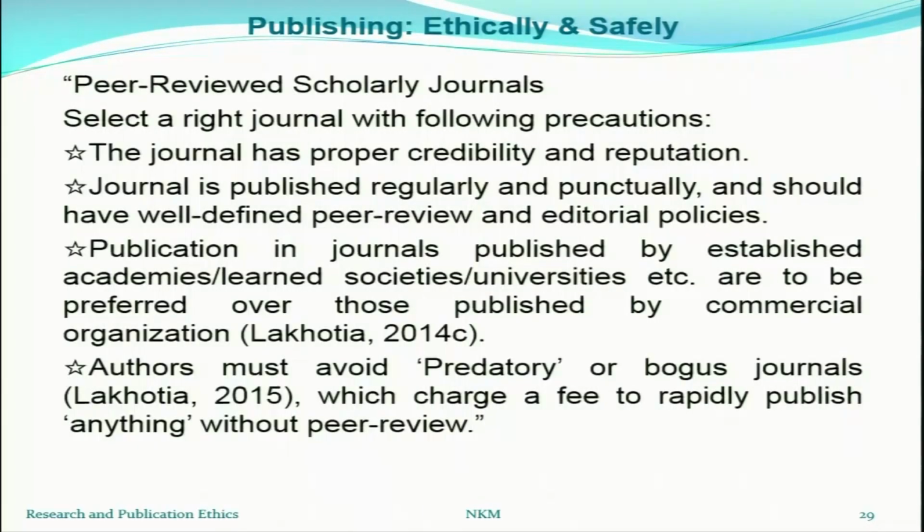Now, coming to peer-reviewed scholarly journals. When you are targeting publication, first of all, you should choose a scholarly journal. Always select the right journal with the following precautions. The journal should have credibility and be reputed, be published regularly and punctually, have a well-defined peer review process, and have good, stringent editorial policies.